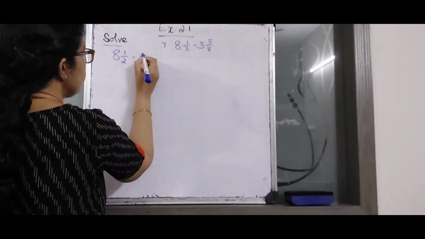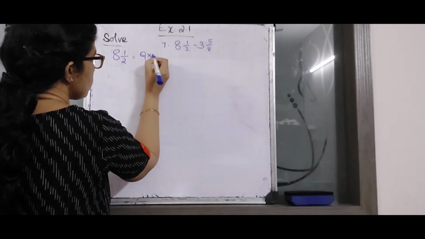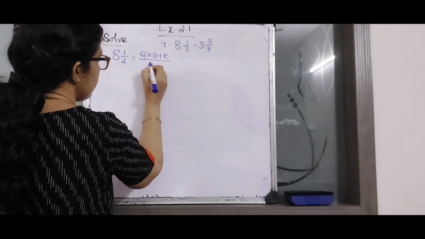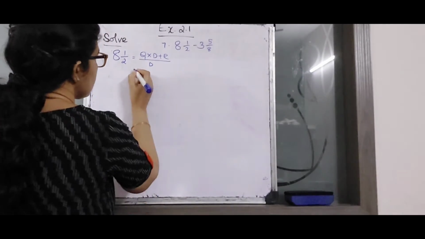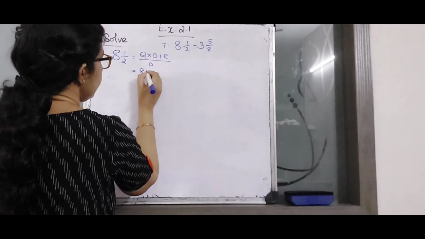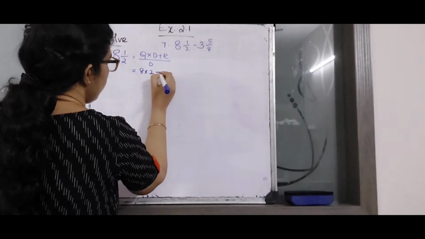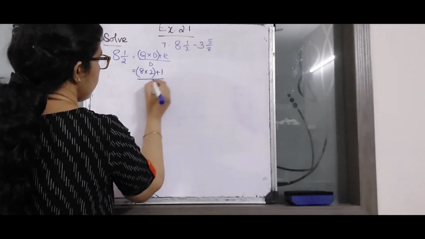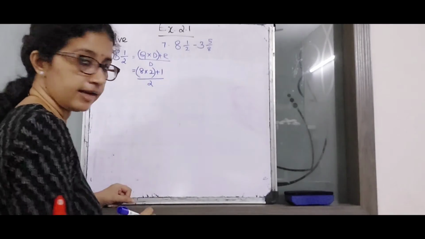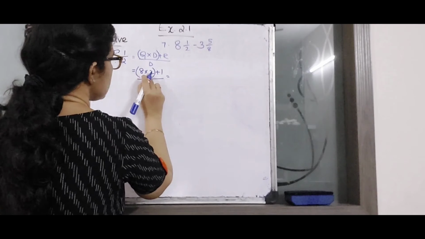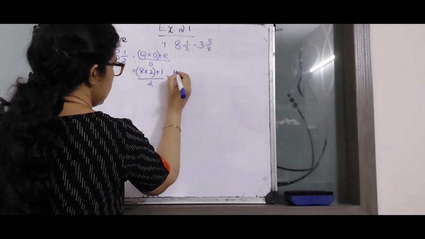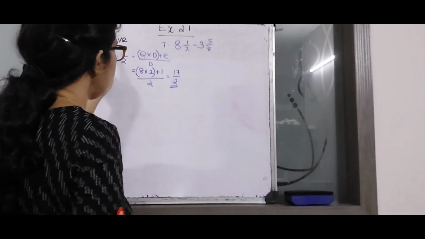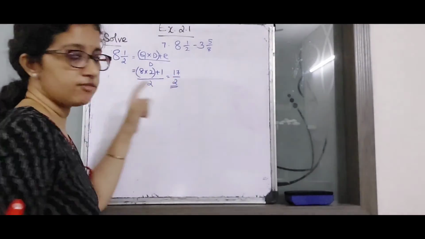It is equal to quotient into divisor plus remainder, divided by divisor. Correct? So how can we write this? 8 into 2 plus 1 divided by 2. Correct? So 8 into 2 is 16. 16 plus 1 is 17. 17 by 2. Okay, 8 1 by 2 can be written as 17 by 2.